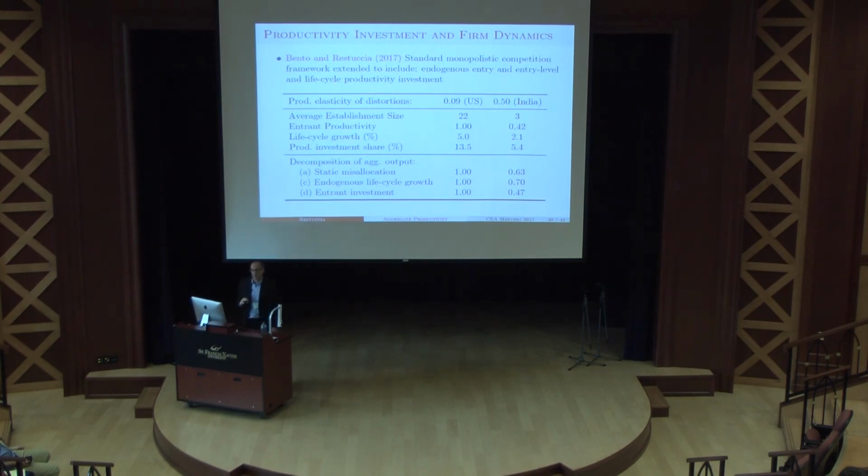And so the picture that emerges is, I think, very interesting, and it gives us some hints in terms of moving forward. The idea is that we started with an economy like the US, which was our benchmark.